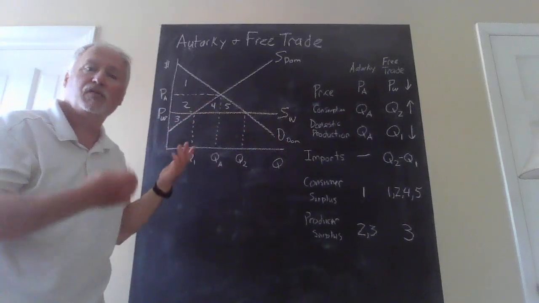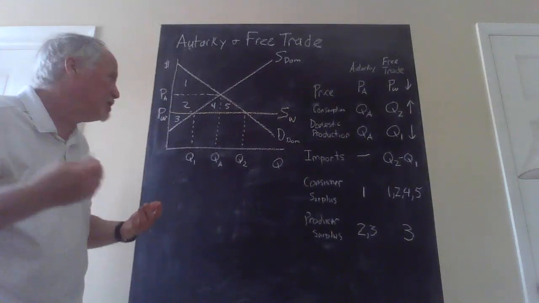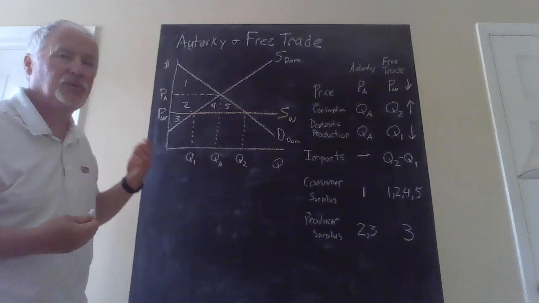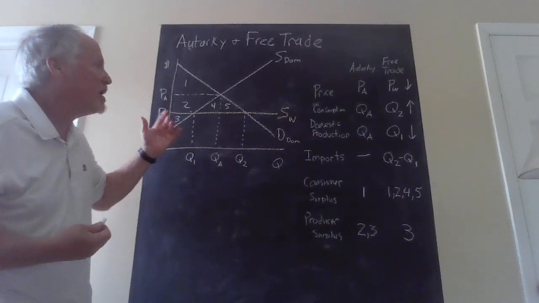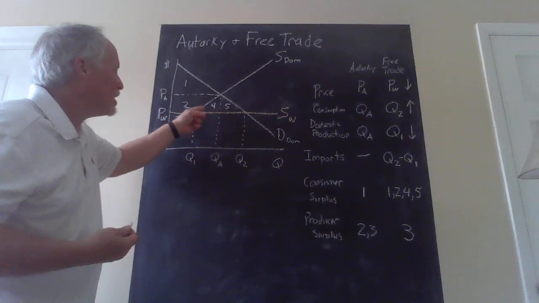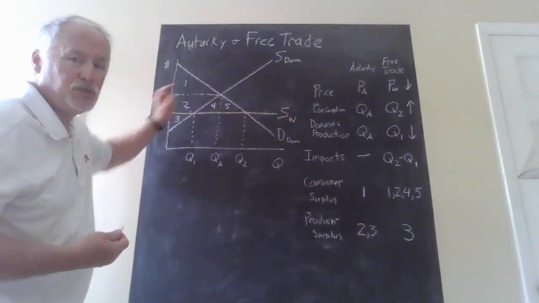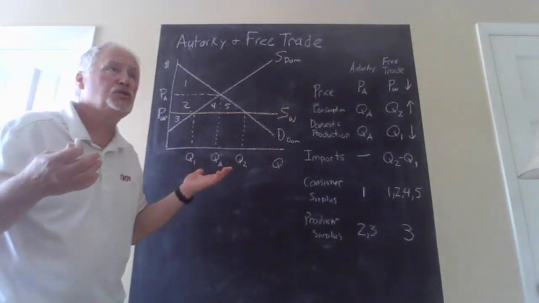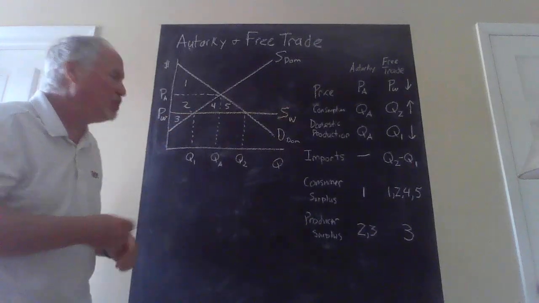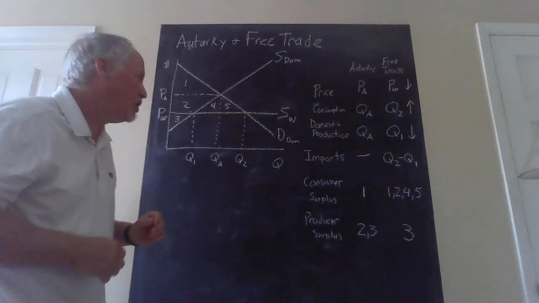The height of the supply curve shows the value of the resources that the domestic firms need to use to supply them. They need to use more resources to produce these units than producers in the rest of the world would have to pay. So the payments that used to go to domestic suppliers to cover these resource costs no longer have to cover them, and consumers get a lower price.